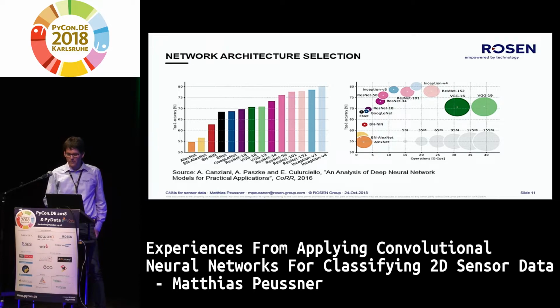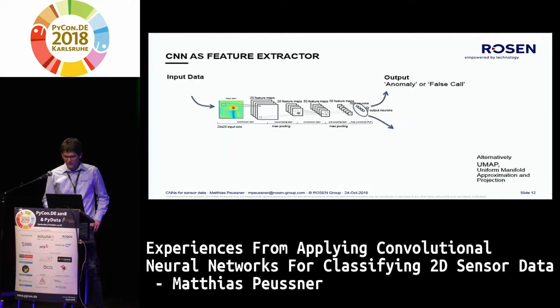But as I will show, I already get very good results with this simple network. So maybe it's an indication that the sensor data in our case is not so much more complex than pictures of people, animals, and other things.